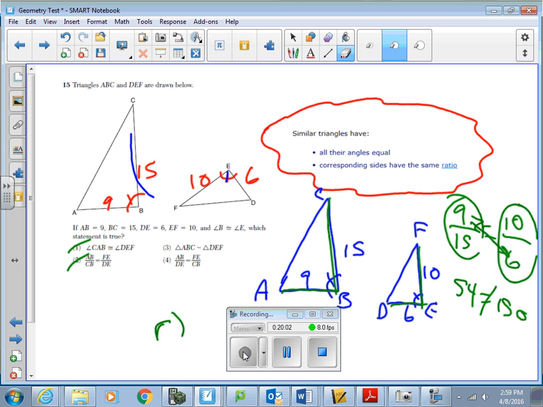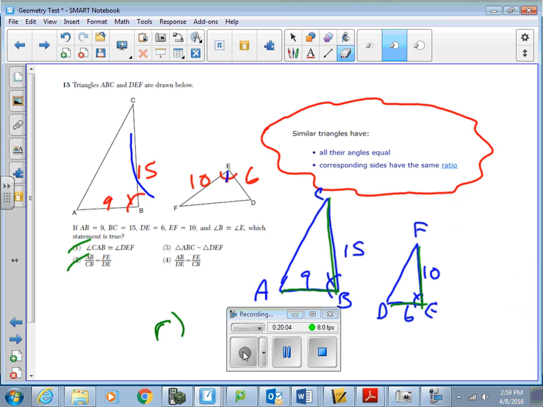Let's look at number 3. Are they similar? Well, this symbol means similar, so I want you to write this down also. This symbol means similar. If they are similar, that means the corresponding sides are proportional or have the same ratio.